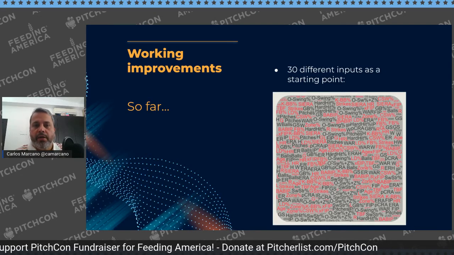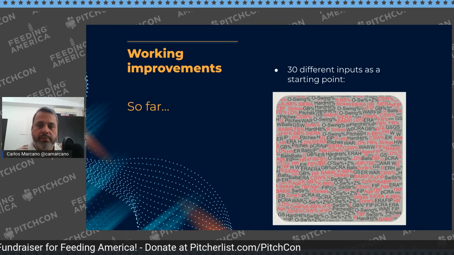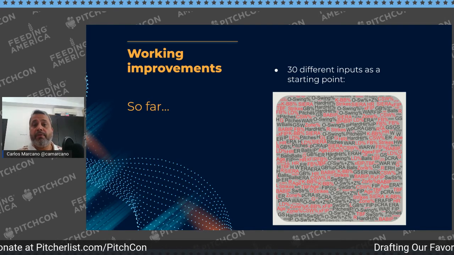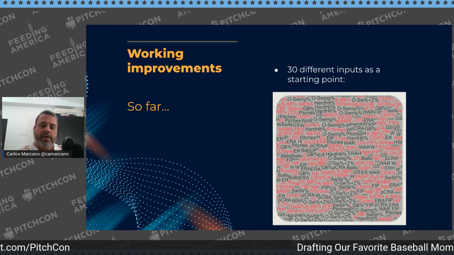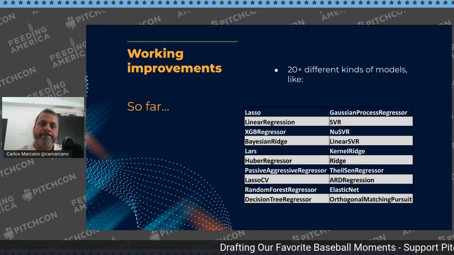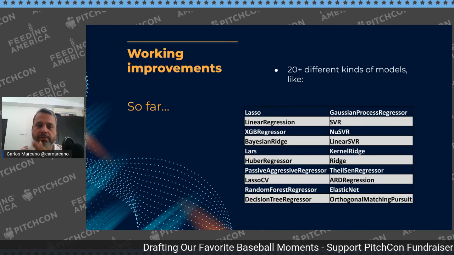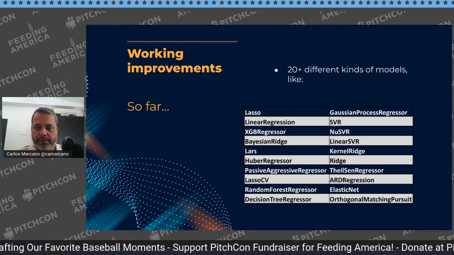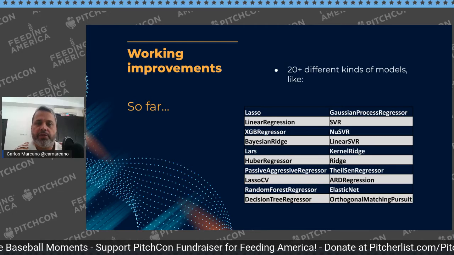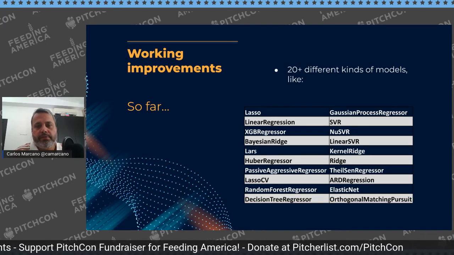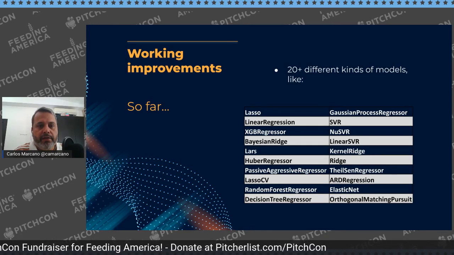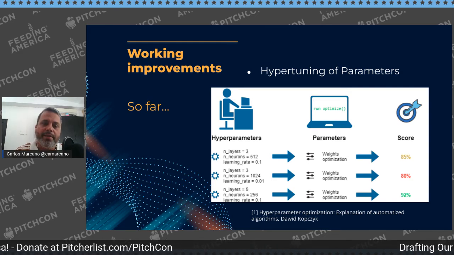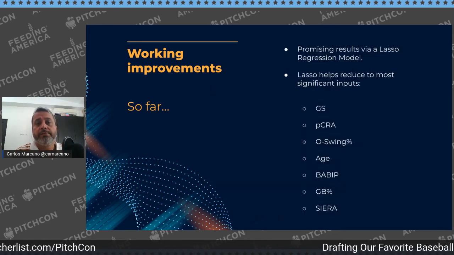I started using 30 different stats. Just think about it: I'm going from 5 to 30. And after this, I've been using more than 20 different kinds of models, all kinds of regressions and classifications, really geeky and nerdy stuff, hyperparameter tuning, and making the most out of these models.